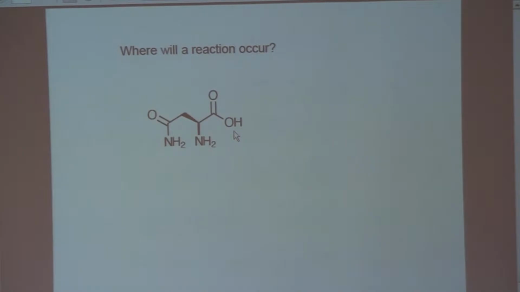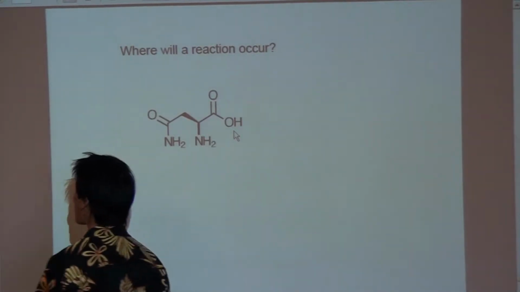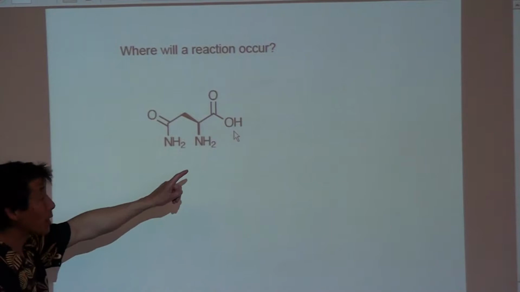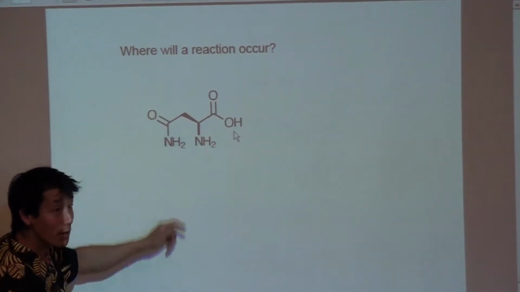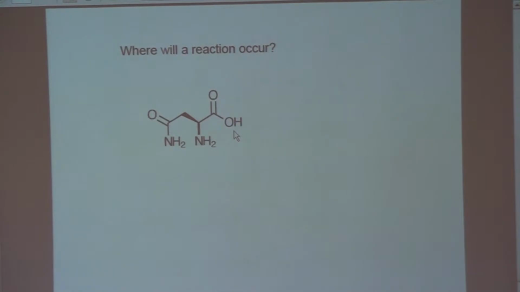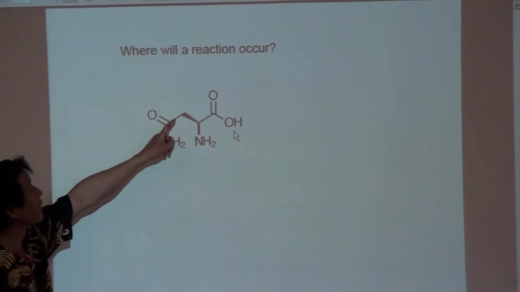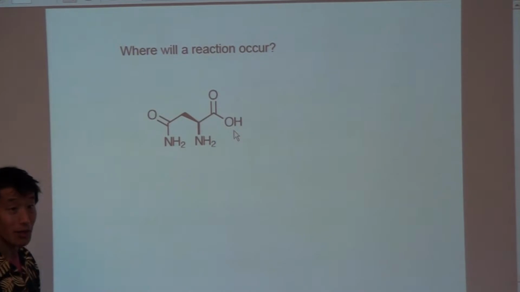And yeah, so from here, you're saying that the H3O plus, the acid, reacts at this one? Or at that one? Yeah, either one. So if it reacts at this one, what's going to happen?